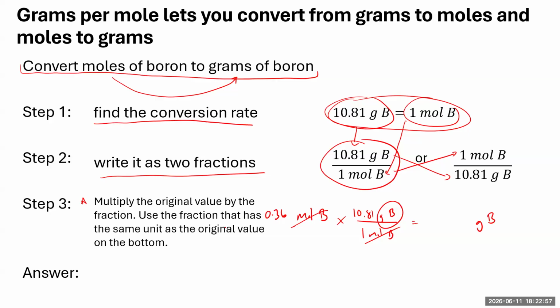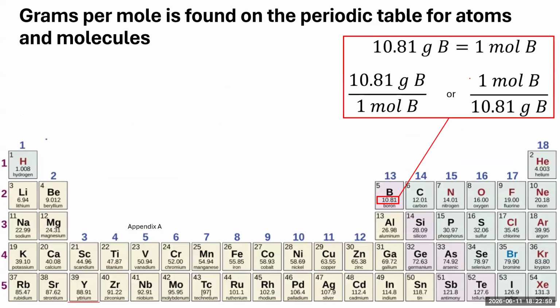All right. But where do we find grams per mole? Remember, the units on the periodic table are in two different things, atomic mass units and grams per mole, or grams per 1 mole, right?